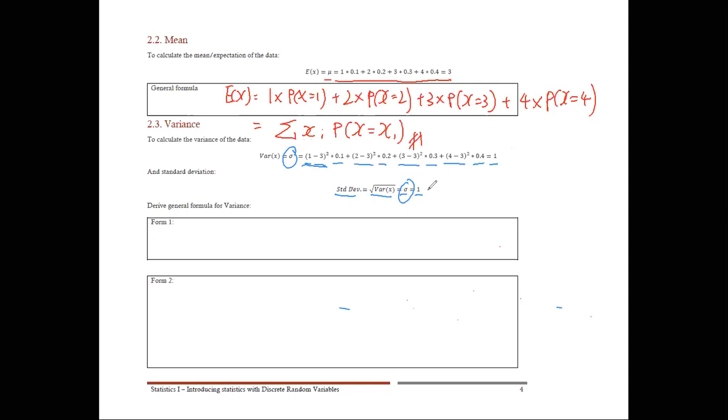So how do we derive the general formula for variance? Again, we are going to use what we have done there.